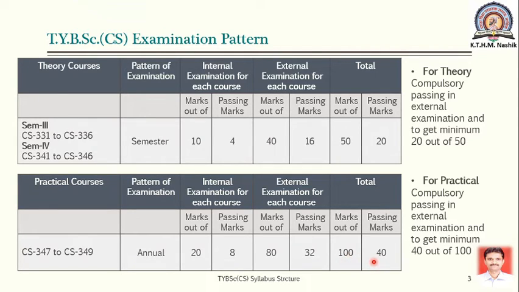Out of 100, you must get total 40 marks for passing in practical examination, and minimum 32 in external examination, which carries 80 marks. And internal evaluation will be 20 marks. This is the marking system for theory as well as practical.